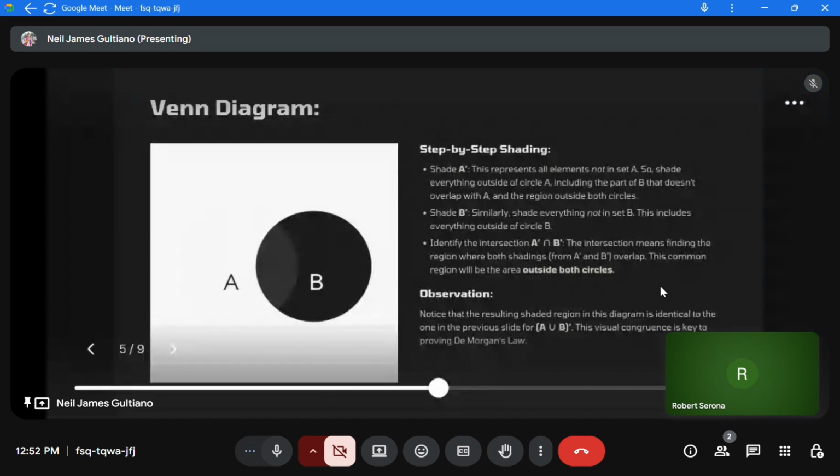And what do we notice? The overlapping shaded region is exactly the area outside both circles A and B, identical to the shading in the previous diagram for the complement of A union B. This shows something important: both expressions produce exactly the same region.